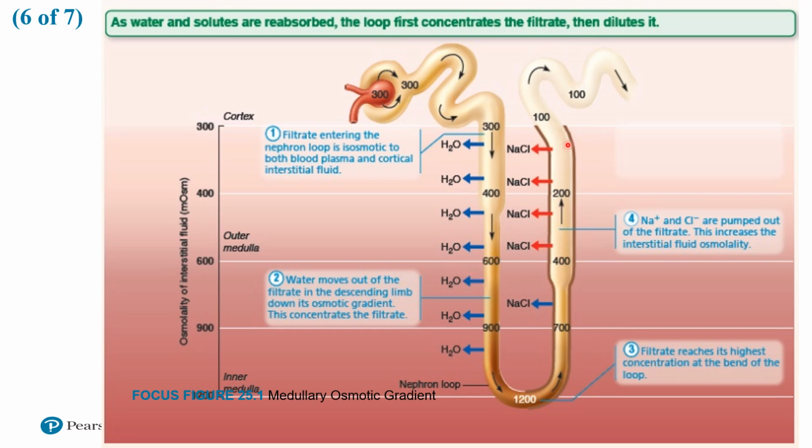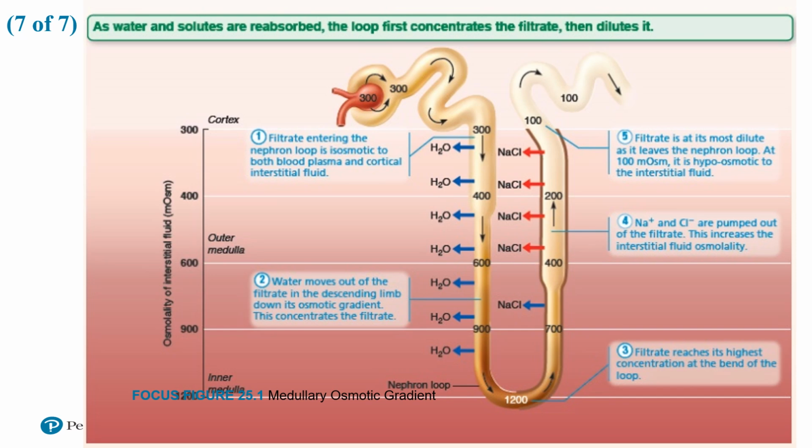So in this way, the ascending limb is influencing the concentration of filtrate in the descending limb, because they are close together in a tight space, and this interstitial fluid is influencing this portion as well. And now let's see what happens next.